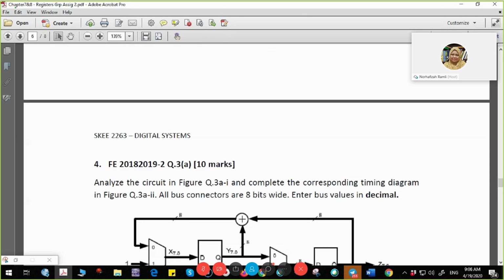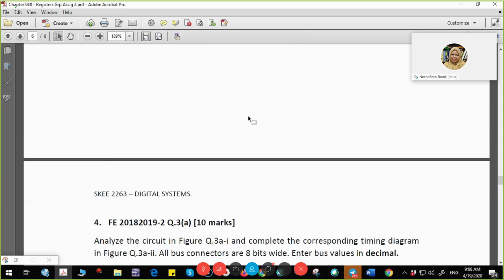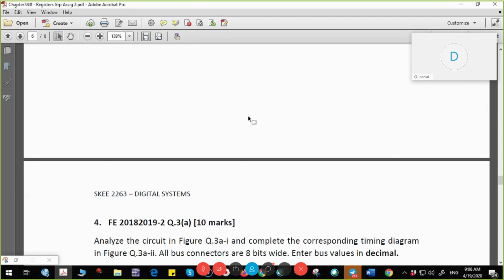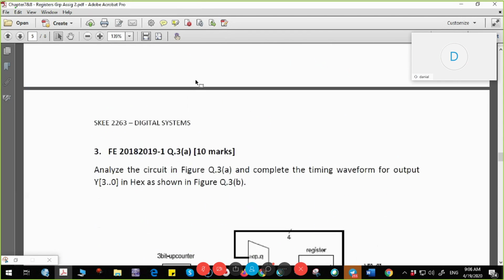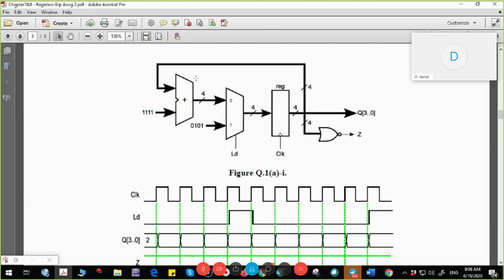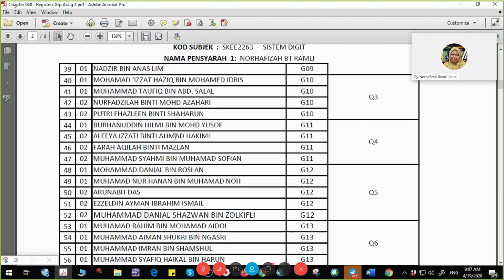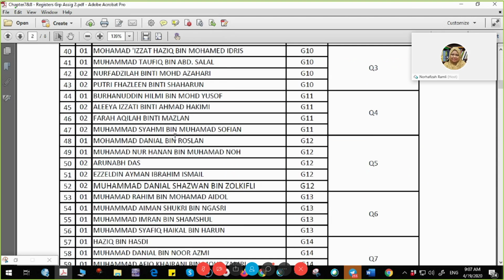So, question 4? Group 4. Burhanuddin. So then proceed to group 5.